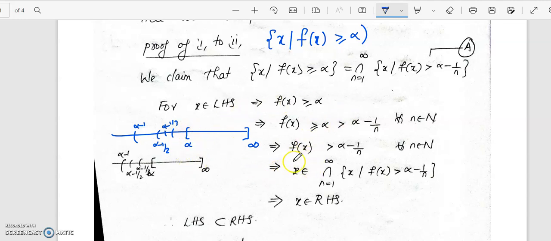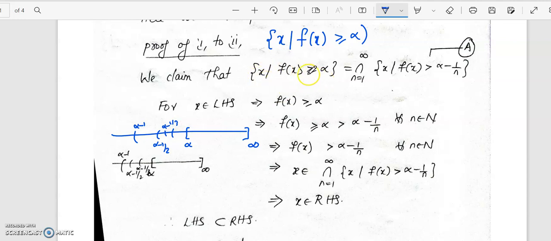So x will definitely belong to the intersection n equal to 1 to infinity of the set of all x such that f of x greater than alpha minus 1 by n. So we started with x belonging to the set of all x such that f of x is greater than or equal to alpha. So the intersection of all these sets, the part common to all the sets, is alpha to infinity.